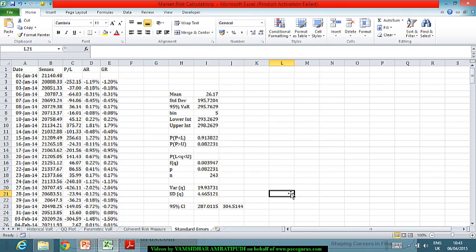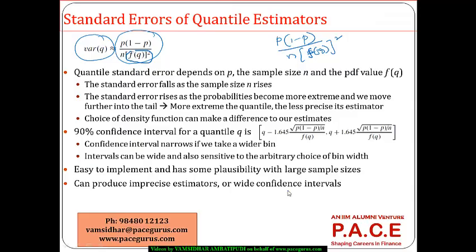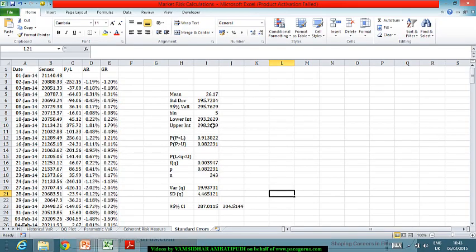287.01 and 304.51. Now, if I am changing the bin size here, let's say instead of 5, I choose another bin size, I am getting a very narrow interval, 291 to 300, which means my interval is changing based on the bin size that I am going with. That's where a slight drawback comes into the picture.